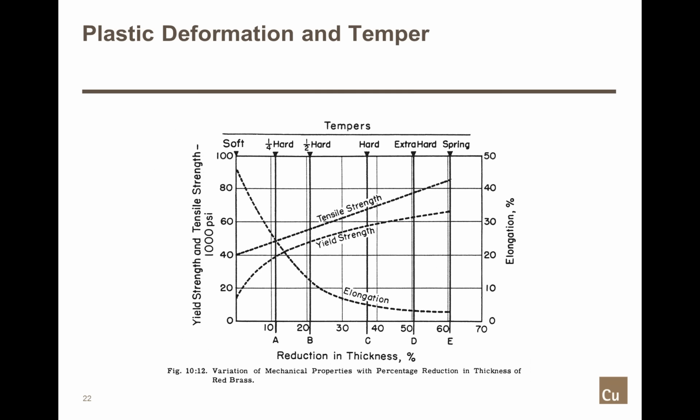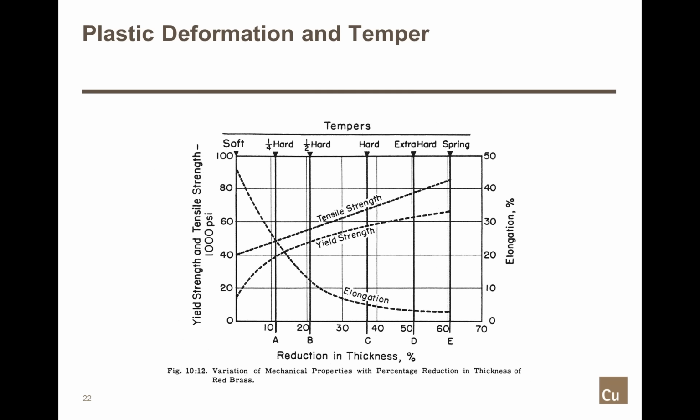Now, this is a very interactive diagram so that if you are decreasing the thickness by a great deal, such as a spring temper, the elongation of the material will go way down. The tensile strength will increase, and this is a brass, so it's not going to increase tremendously, but it goes up from 40,000 to about 82,000 tensile.